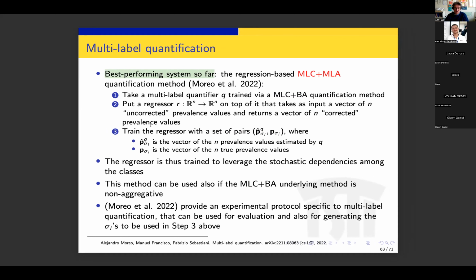And something that this paper also provides is an experimental protocol specific to the multi-label case. It is shown that a protocol such as the artificial prevalence protocol, in the form that we explained it in the previous classes, is not really suitable to the multi-label case and needs to be tailored to it.